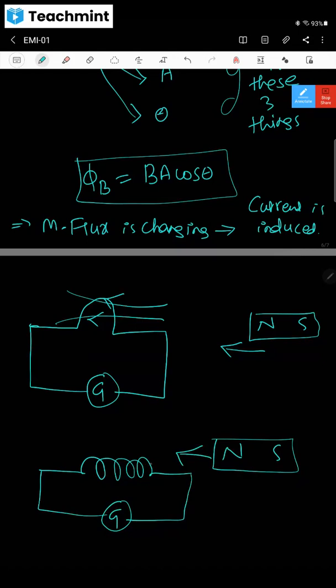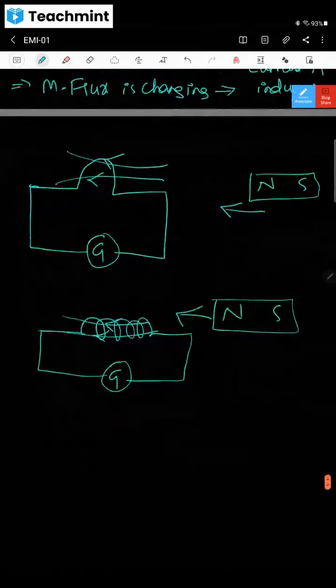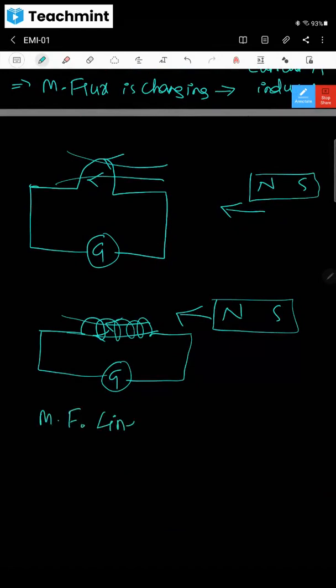When you move this, don't you feel magnetic field lines will enter into this? If magnetic field lines are increasing, don't you think flux is changing? Flux is increasing.